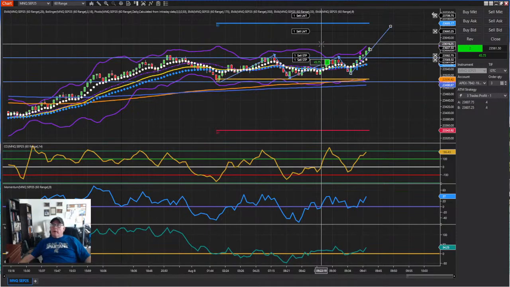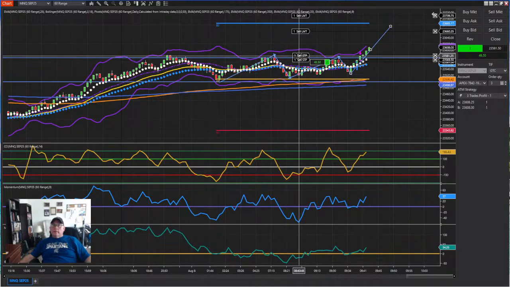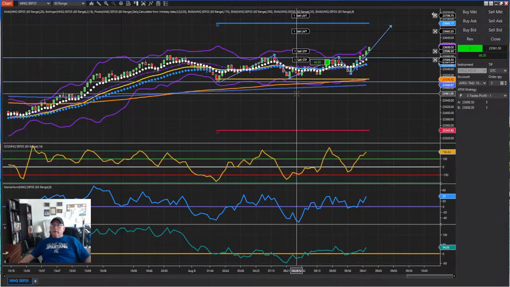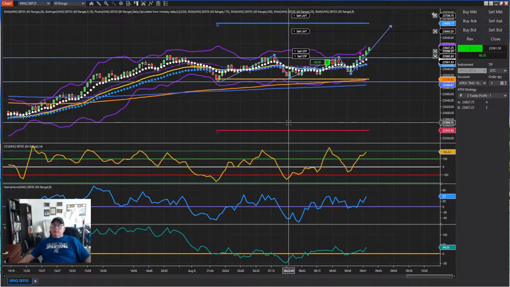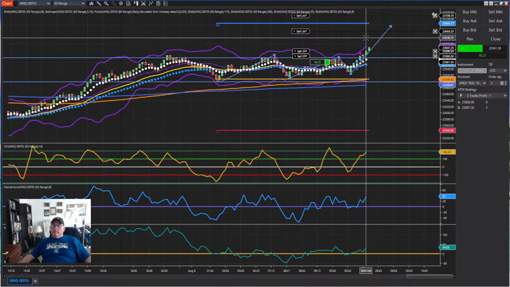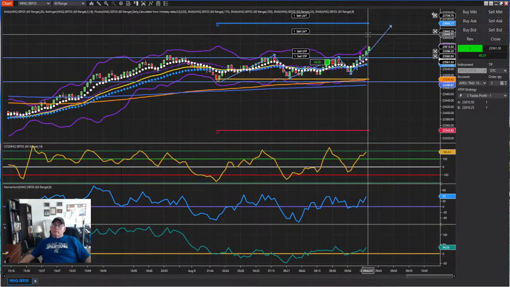It's about where 3R was. So let's protect the contract, and we'll keep the other one underneath. About here. Just never know when we're going to stop going up. Be a quick day for me.